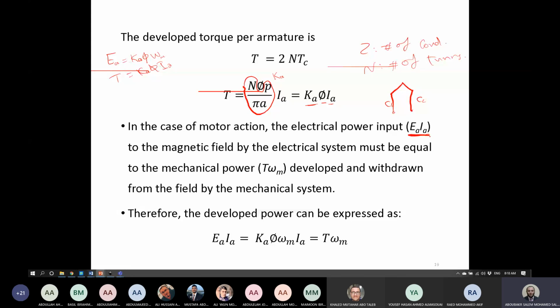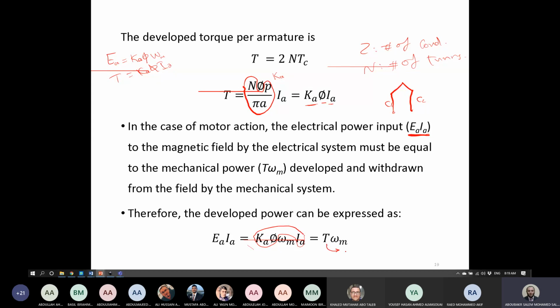So what will be the equivalent mechanical value? It should be the same value as this one. If you substitute EA by the relation Ka phi omega m, you find Ka phi omega m multiplied by Ia. And you know that Ia multiplied by phi multiplied by Ka is nothing but torque. So we can say EA Ia equals torque multiplied by omega m.